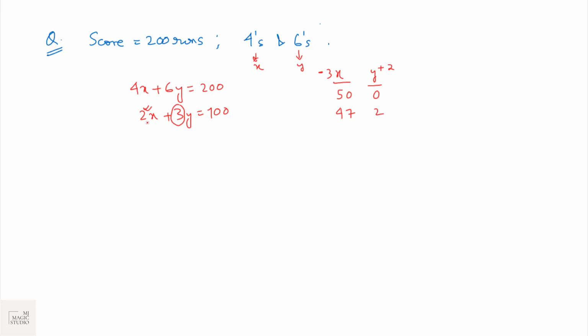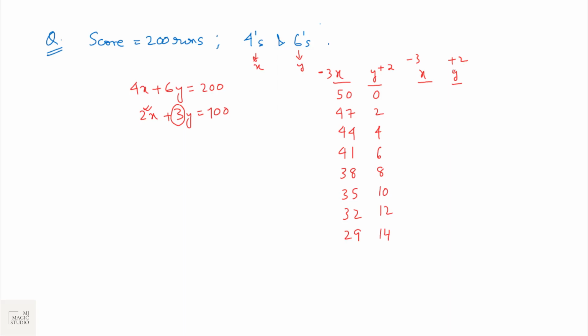Let's check. 47 into 2 is 94 and 2 into 3 is 6, bingo. So again 44, 4, keep on decreasing by 3, 41, 6. By 3 would be 38, 8, 35, 10, then 32, 12, 29, 14.